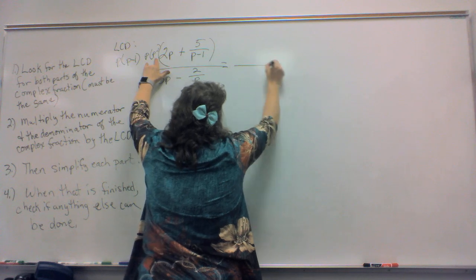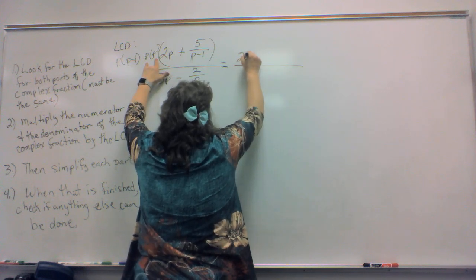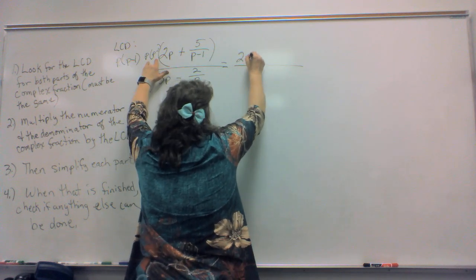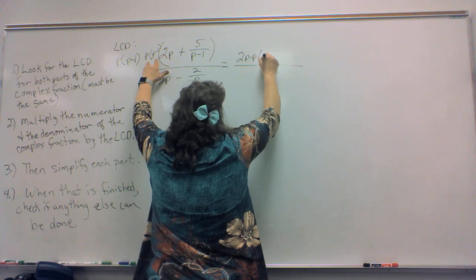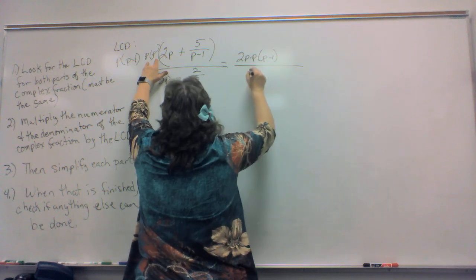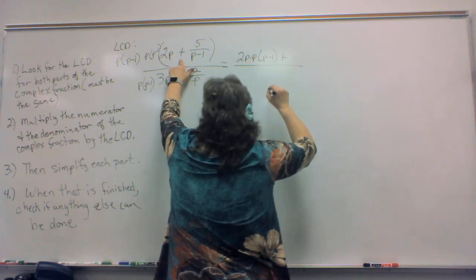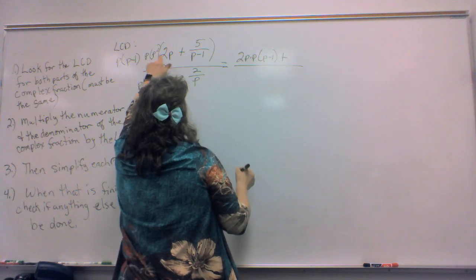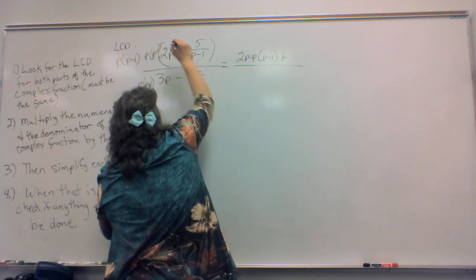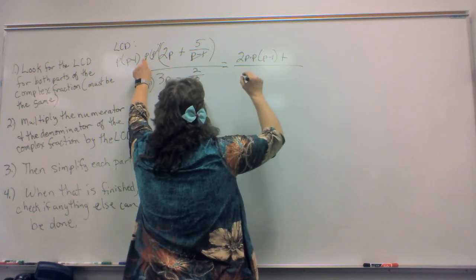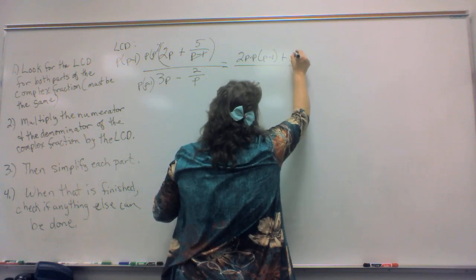Okay, so this is why it's more complex. 2p times p minus 1 and plus p times p minus 1 times this one. Your p minus 1's cancel, and I'm left with p times 5, which is 5p.